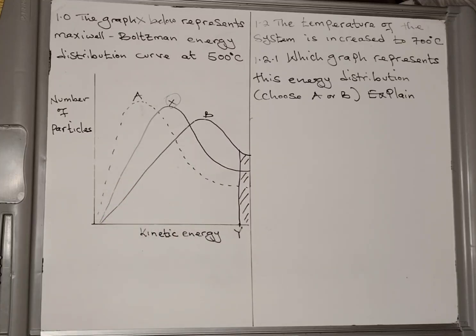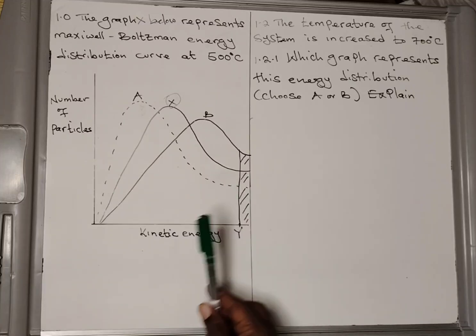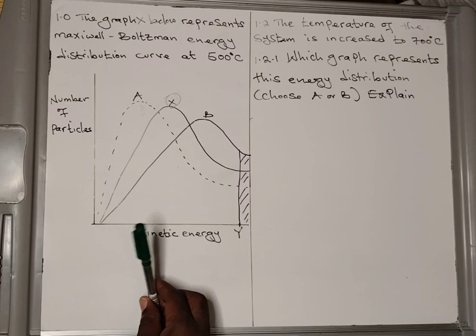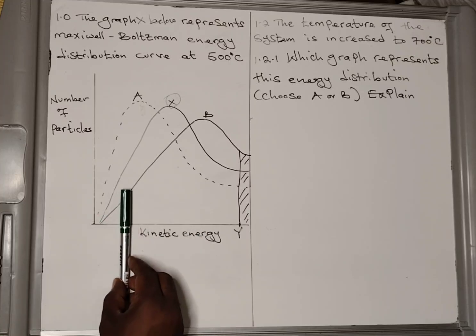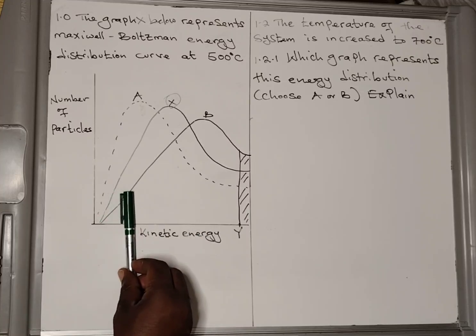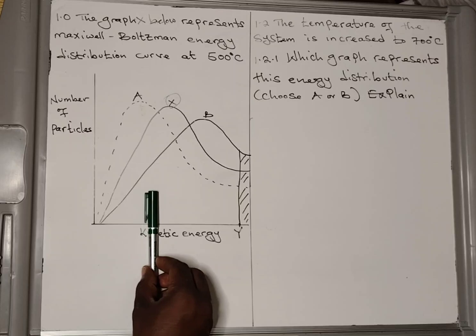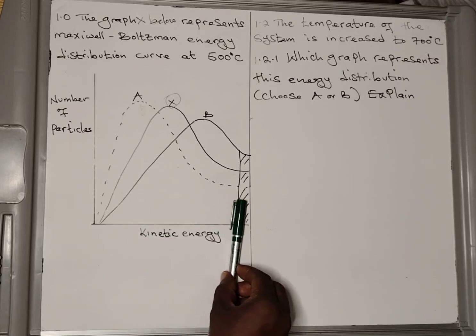To answer this question, you need to know what the temperature does to the system. It increases the number of particles with more kinetic energy. So generally, it increases the kinetic energy of the system. You have to know that this is kinetic energy, and this kinetic energy increases as you move along this graph. What does it mean?